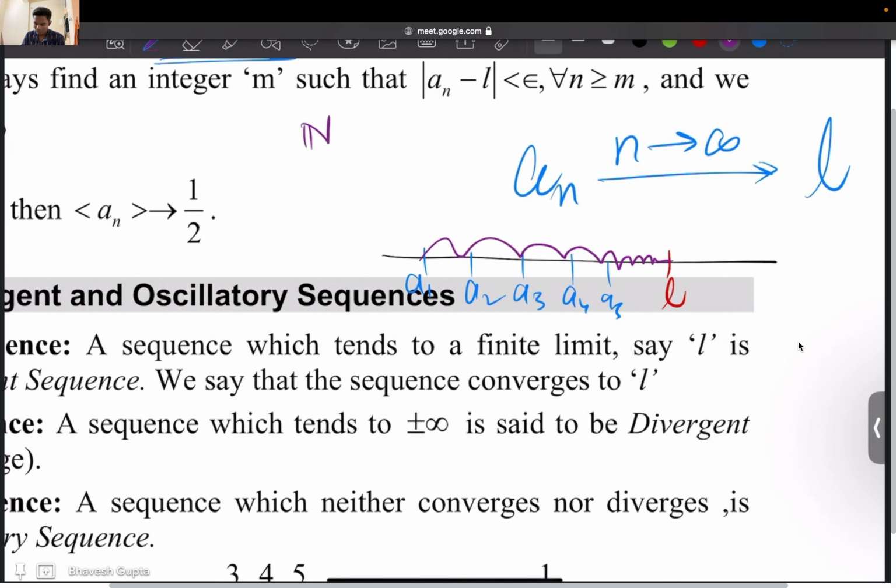A1 tells you the first jump, so the starting point, then you make a first jump, then a second jump. You want to see at which location you are landing. If you have taken an infinite number of jumps and you are in the neighborhood of some number, you can say that this particular point is my limit of sequence.